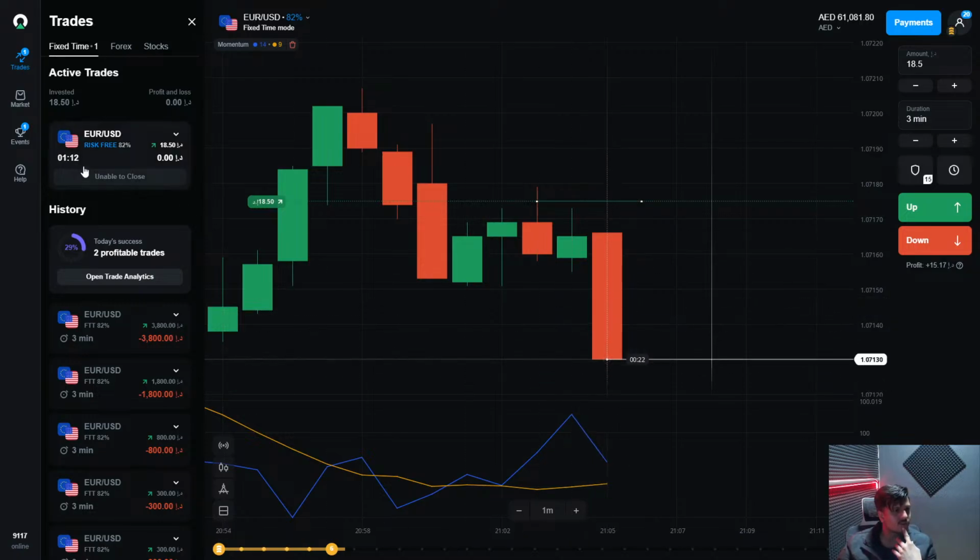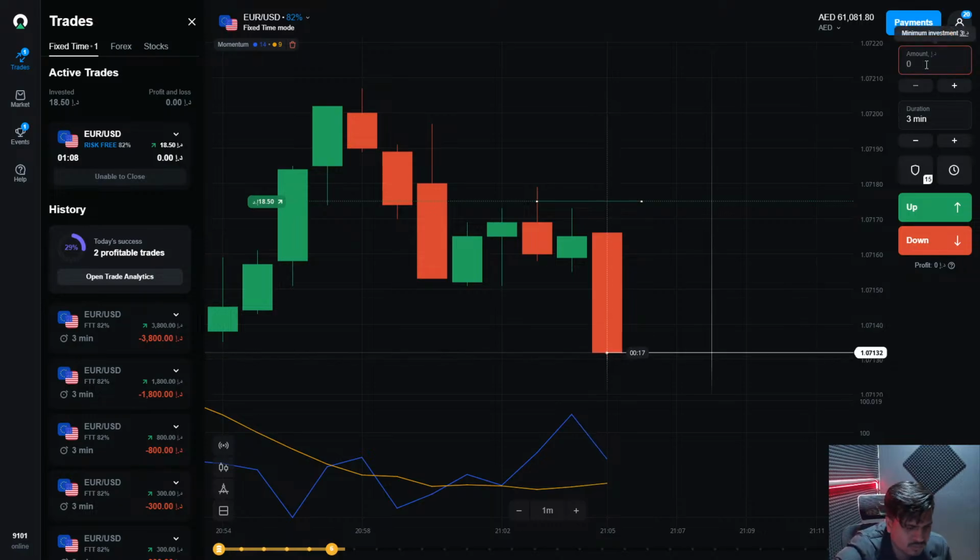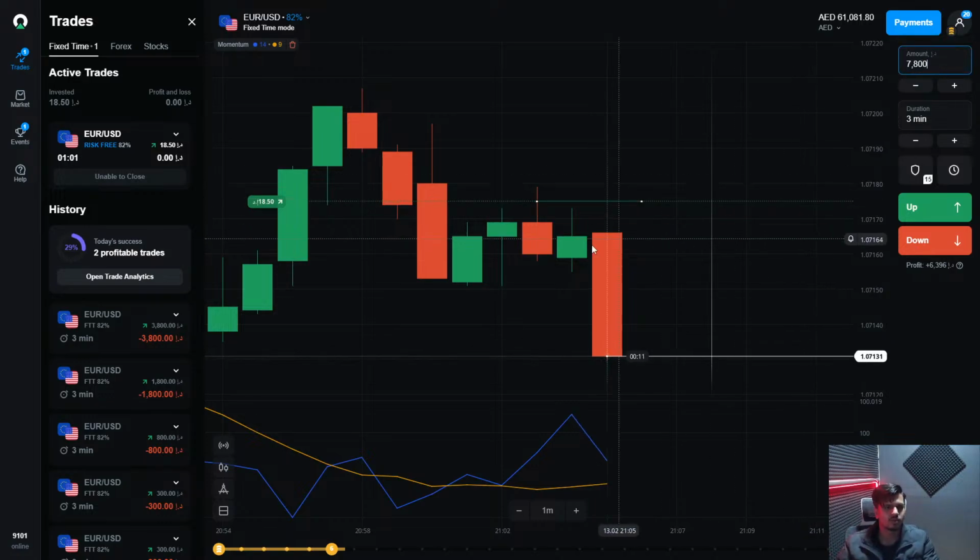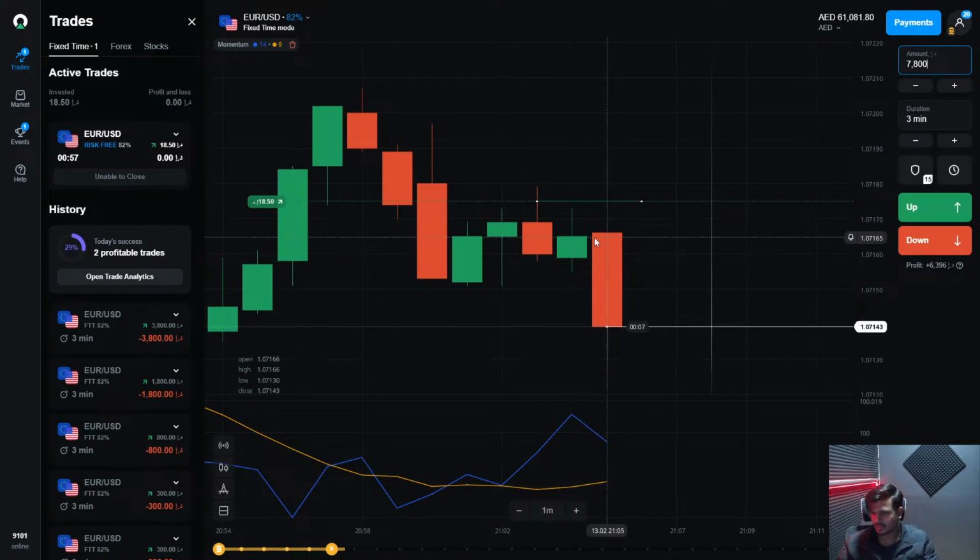Now only 1 minute and 12 seconds remaining. I can change the amount here. If I make this trade here, then surely it will give too much money.